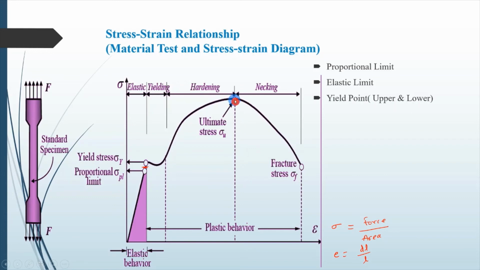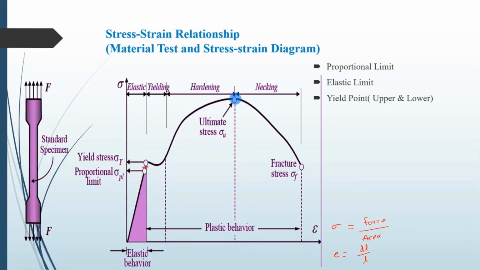The next important point on this curve is the ultimate stress point. The ultimate stress point is where we get the maximum stress value for that particular material before failure. This is the maximum amount of stress which will be taken by the material before failure. And the last point: after the ultimate stress point, we'll observe neck formation in the specimen.